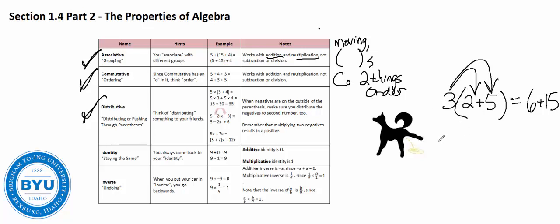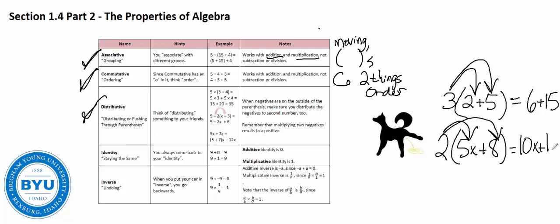Like we could have this one here, 2 times 5x plus 8. We would take the 2 in and we get 10x, and we take the 2 in again and get 16. There could be more than 2 things in the yard. Maybe we have 5 times 3x minus 7y plus 11. Well, we could use the distribution law.